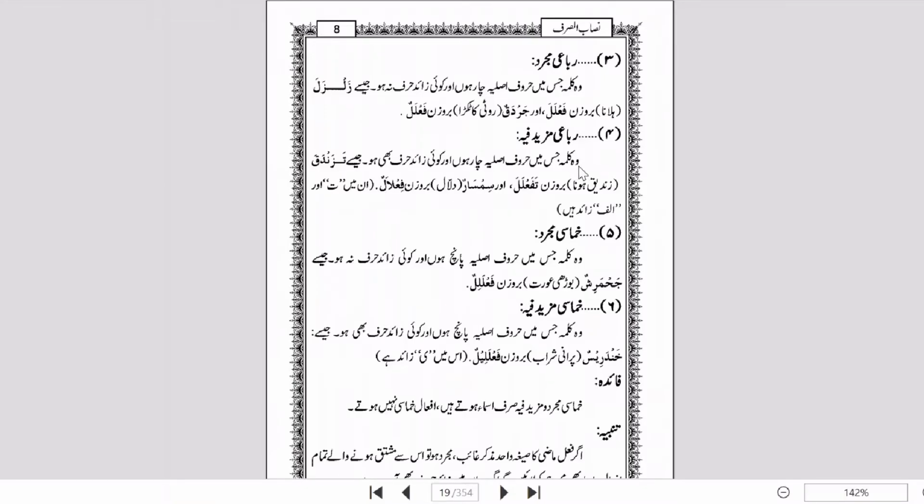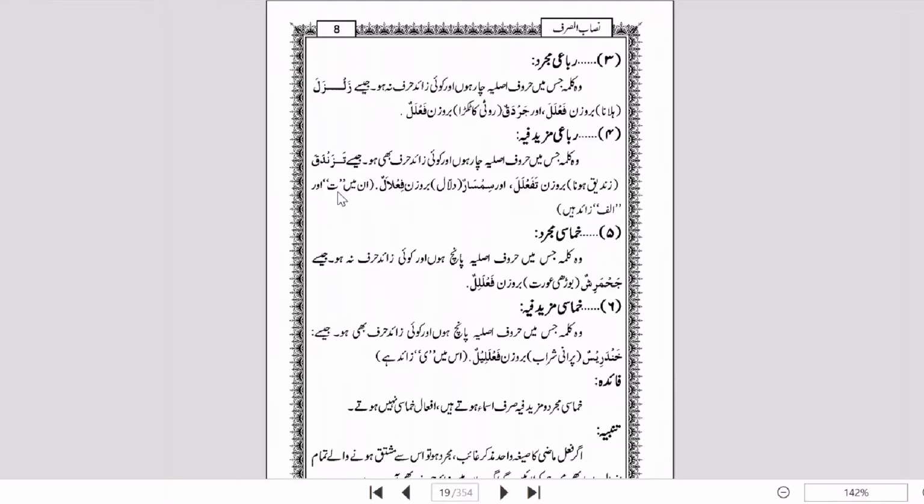Rubaai Mazid Fi is a word which has 4 huruf asliya and it also contains an additional letter, like Tazandaqa, to be a heretic, on the scale of Fa'lala, and Simsarun, meaning broker, on the scale Fi'lalun.